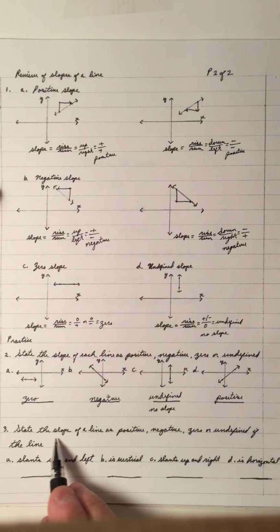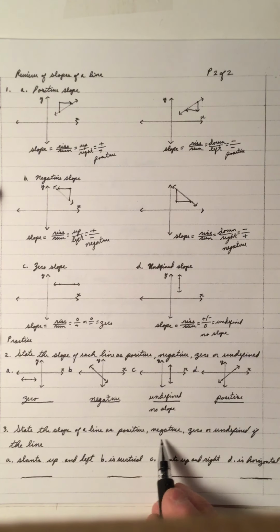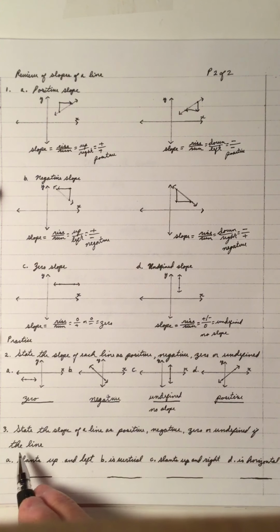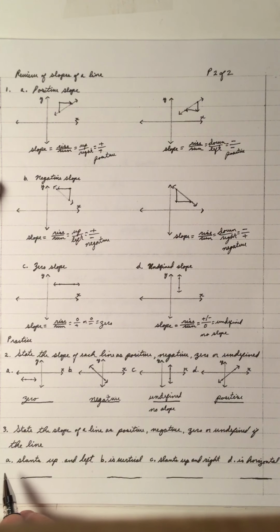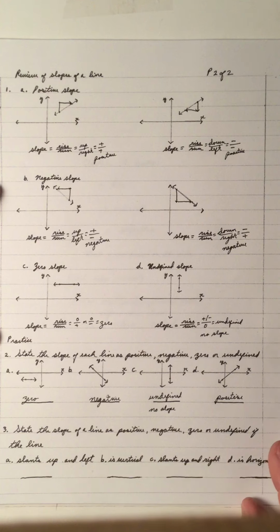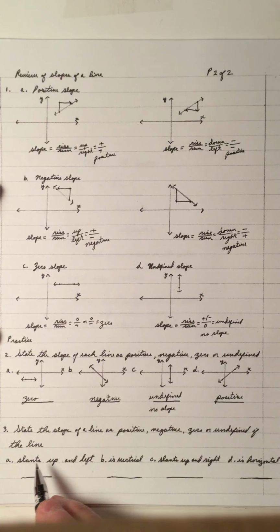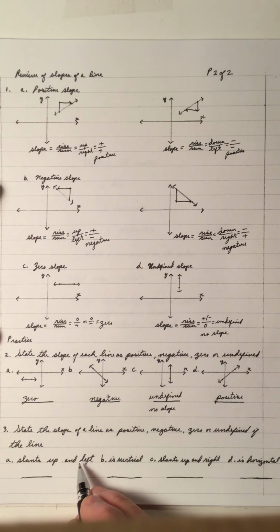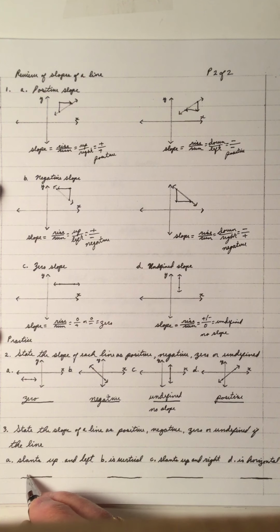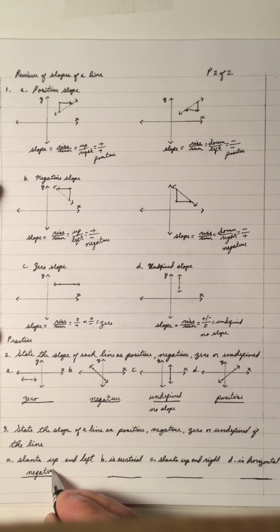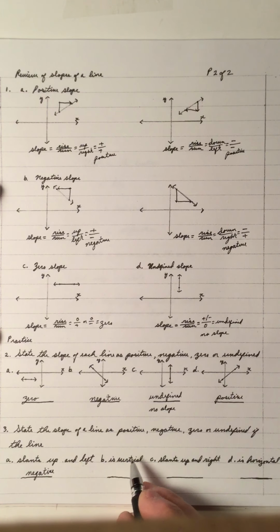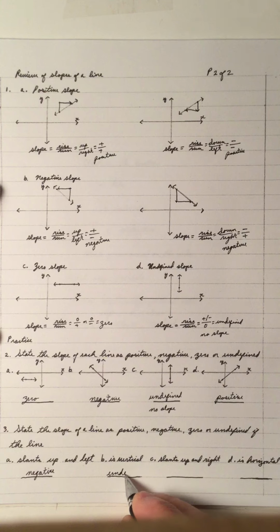Number 3, state the slope of a line as positive, negative, 0, or undefined if the line is... Again, pause the video, work your answers out, and play it back to see if you're right. So if a line slants up to the left, it has a negative slope. If a line is vertical, straight up and down, it has an undefined slope.